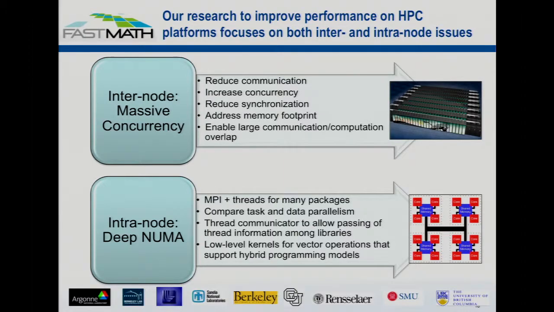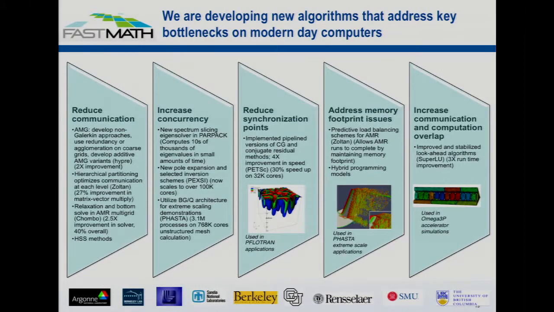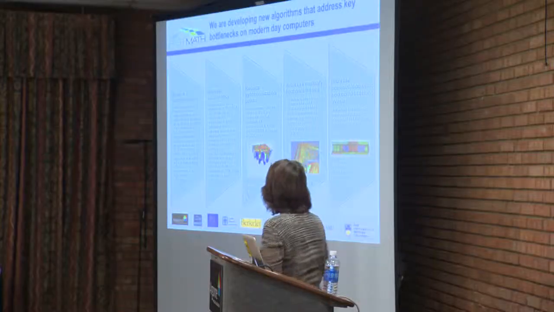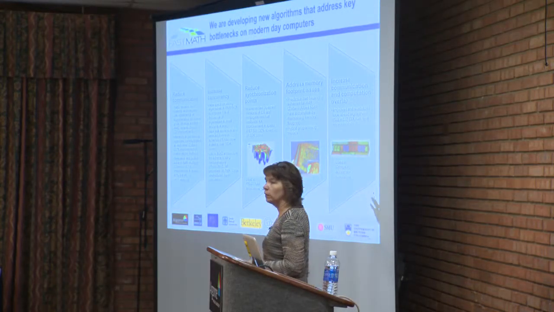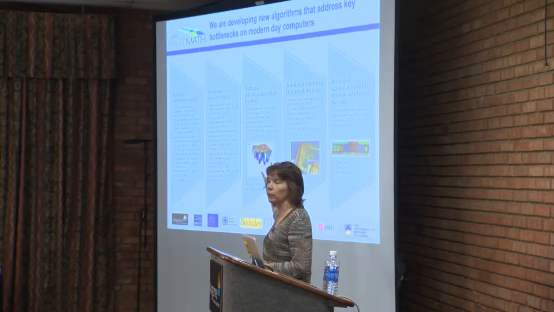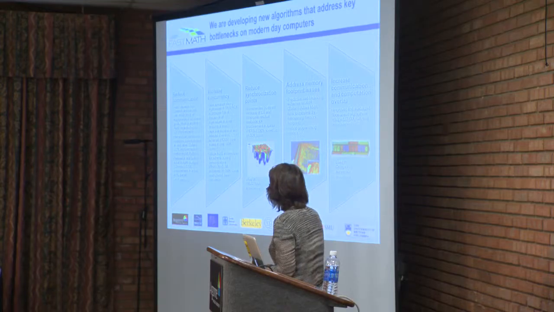And so that's been an interesting side effect of moving to the hybrid programming model. So the new algorithms that are addressing some of the key bottlenecks on modern day computers, it's these kinds of algorithms that we've needed to develop that are allowing our software and our mathematics to scale.